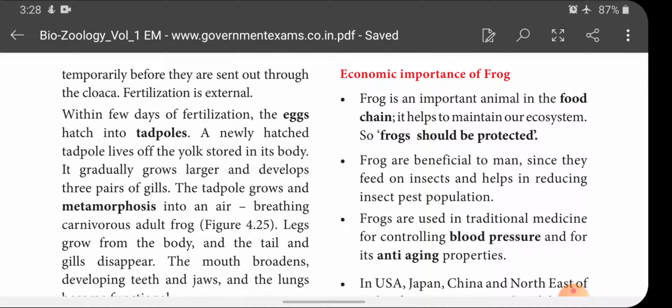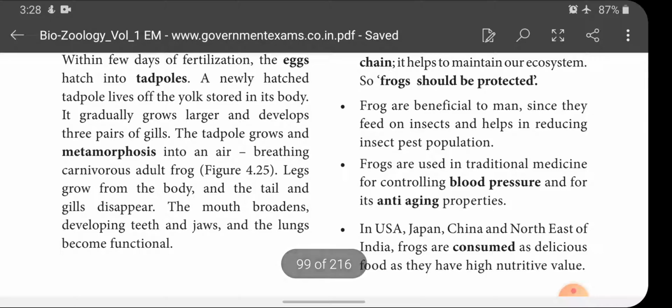The tadpole grows and metamorphoses into an air-breathing carnivorous adult frog. Legs grow from the body, and the tail and gills disappear. When it attains the fully matured frog stage, the gills and tail have disappeared, and it has developed legs and adapted to live a terrestrial mode of life.